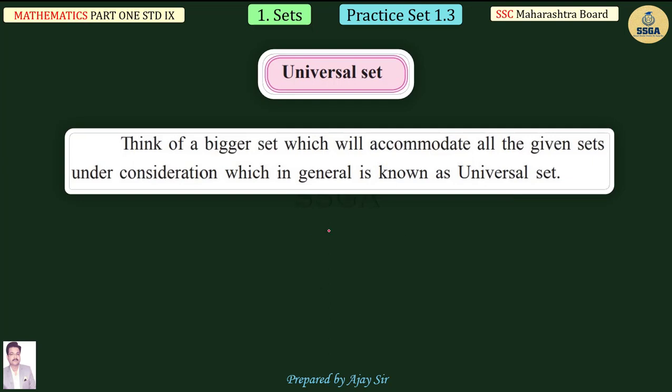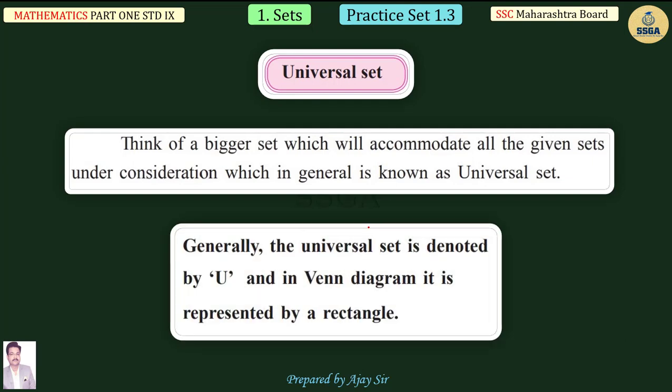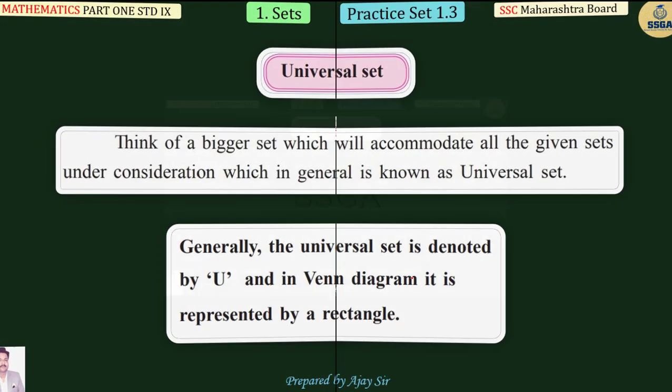It contains all the elements of all the sets. Generally the universal set is denoted by capital U, and in a Venn diagram it is represented by a rectangle.